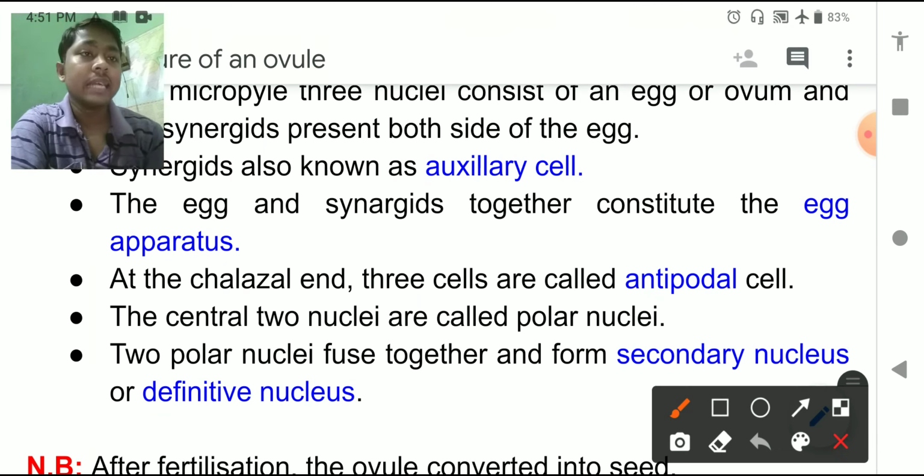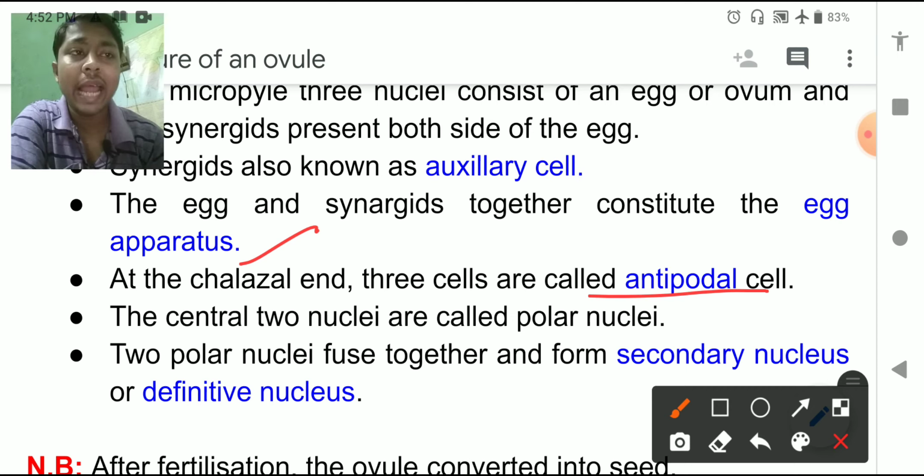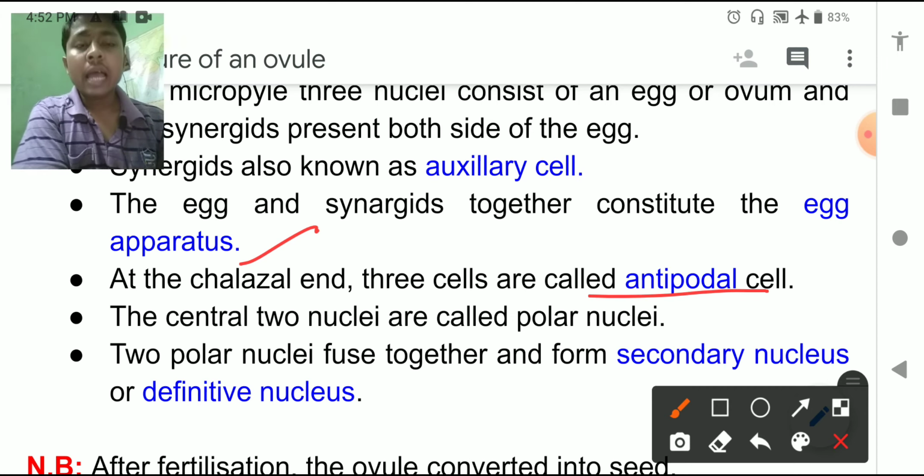Now we're discussing point number 3. The egg and synergids together constitute the egg apparatus. Thus an egg and 2 synergid nuclei together constitute the egg apparatus. And at the chalazal end, the 3 nuclei present are called antipodal cells. Next, the central 2 nuclei are called polar nuclei.